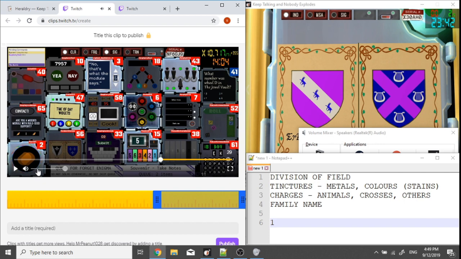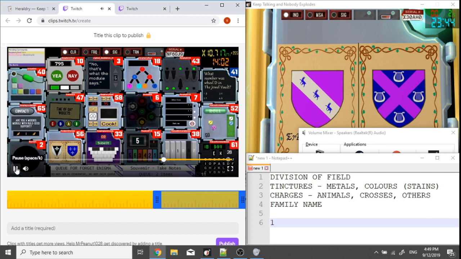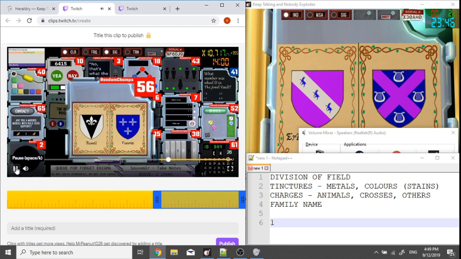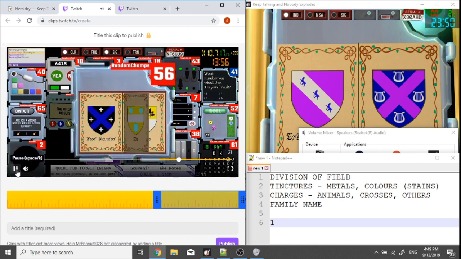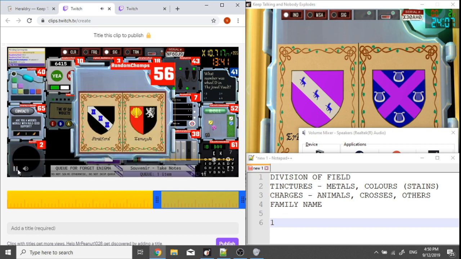So what I do in this is I'm fairly fast at identifying what is the correct crest. So in this case, we'll go through. That is not a golden lion. It's a golden wolf. It looks like it. Oh, there we go.